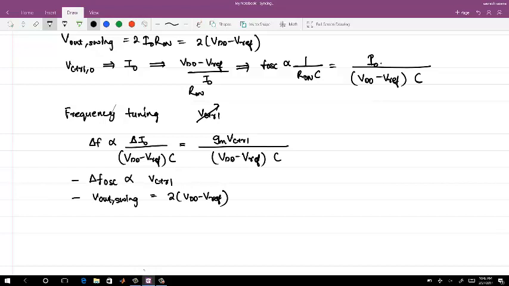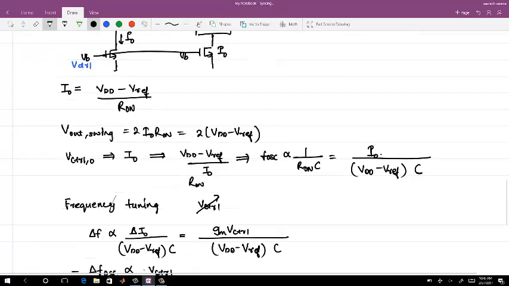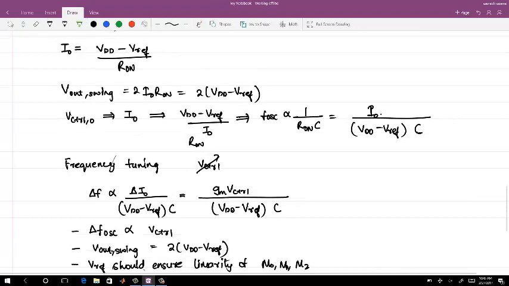Vref should ensure linearity of M0, M1, M2, whatever the transition linear region need to be.